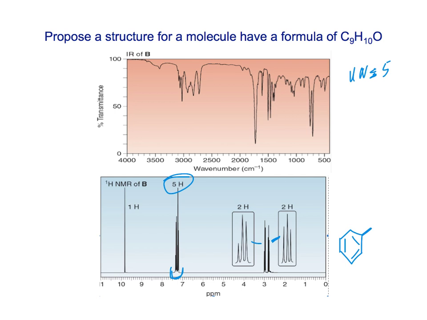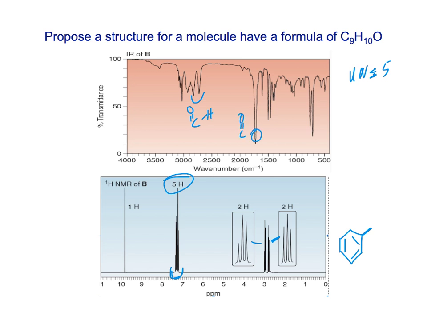Okay. Do we have an aldehyde or a ketone? An aldehyde, right? Because, well, what pieces of data here tell us we have an aldehyde? Right? These two peaks right here are for the aldehyde proton. Here's the carbonyl stretch.